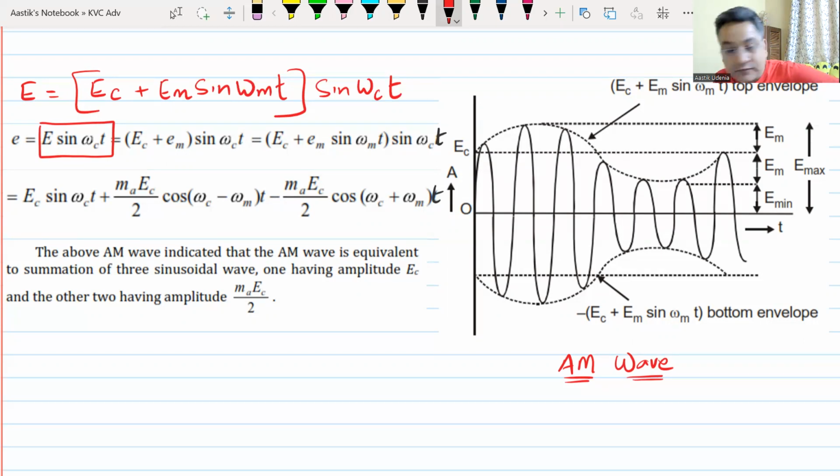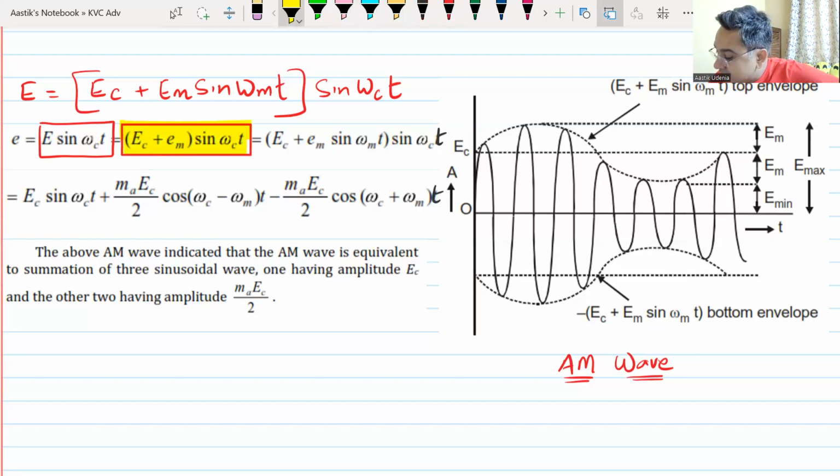That means the omega for this wave is the same as the omega of the carrier wave, because we have changed the amplitude. Then we have seen that this amplitude can be written in this form. Is everyone following me?